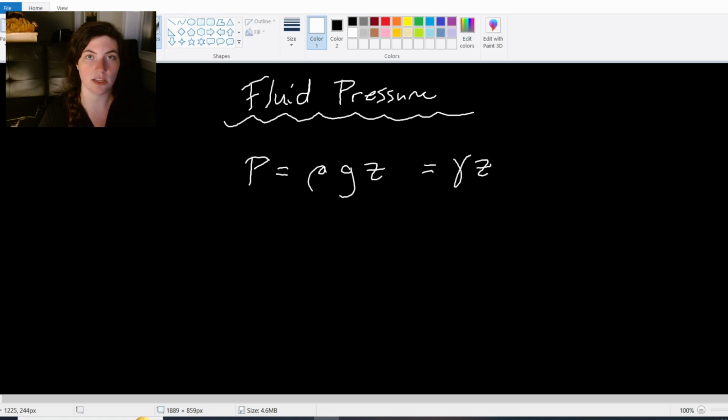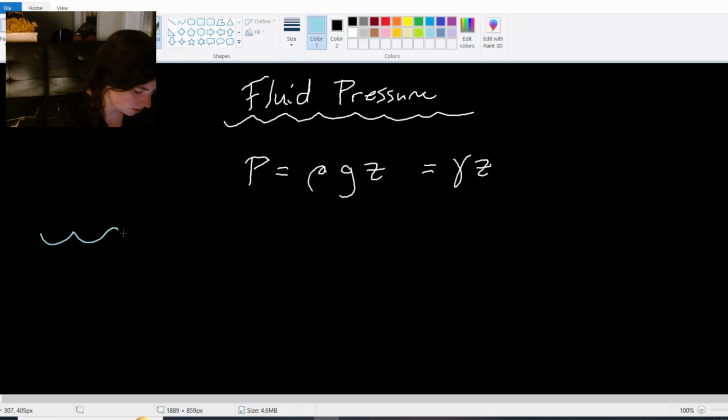Pascal's law states that a fluid at rest is going to have equal pressure in all directions, but that pressure increases with depth. What that looks like in practice is, when you have some body of water, and let's say we have a boat, here's the side of our boat.